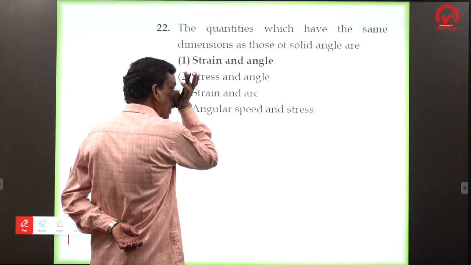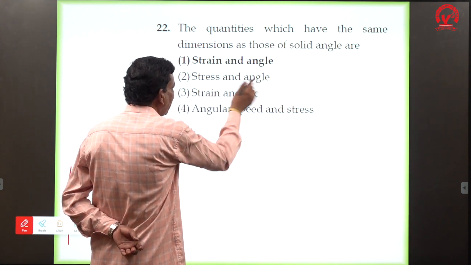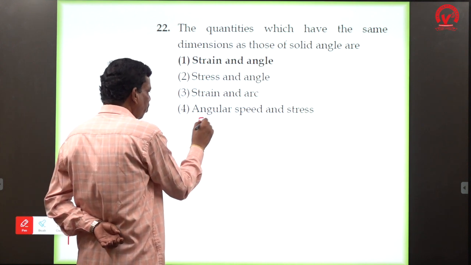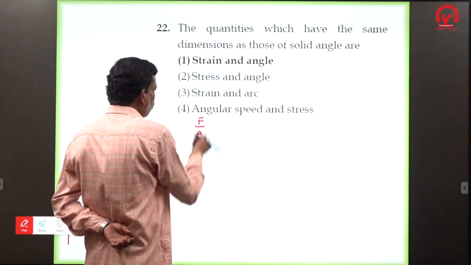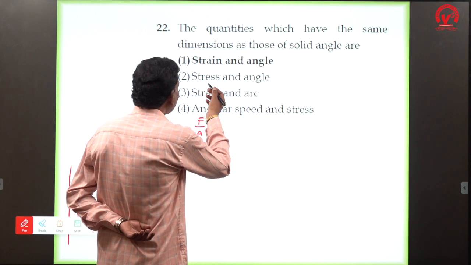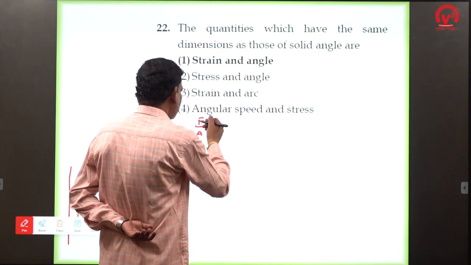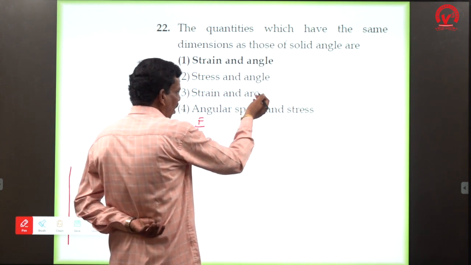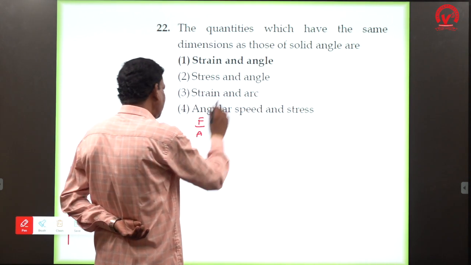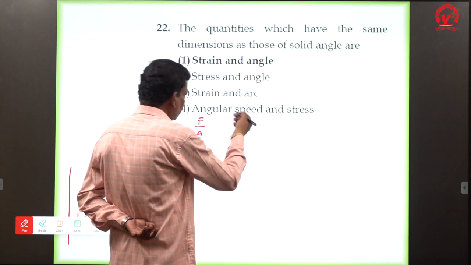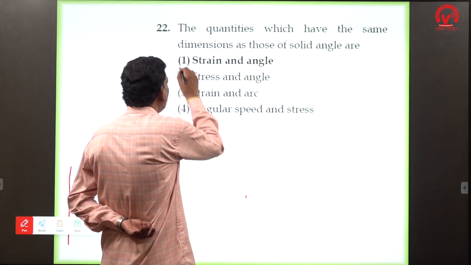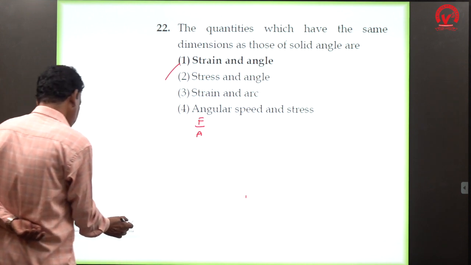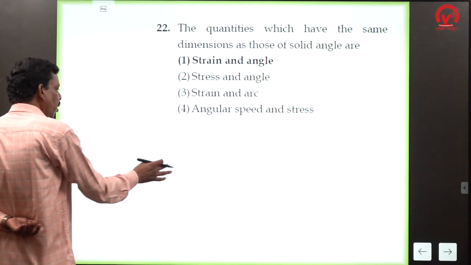So it is the correct answer. Let me see. Stress and angle. Stress is what? Force by area. Stress has dimensions. Strain and arc. Arc is what? A length. It has dimension. Angular speed and thrust both have direction. So strain and angle is the correct answer.